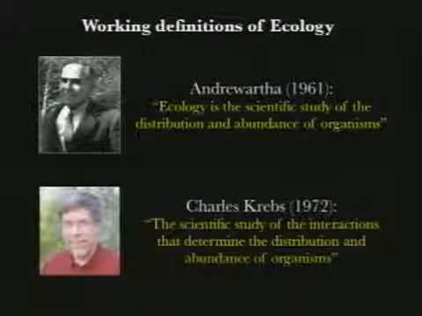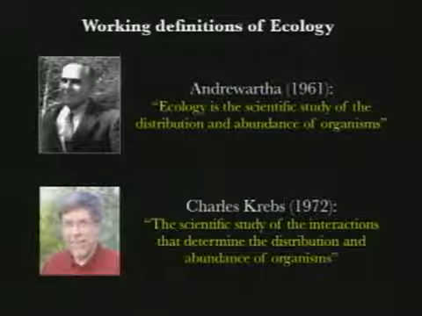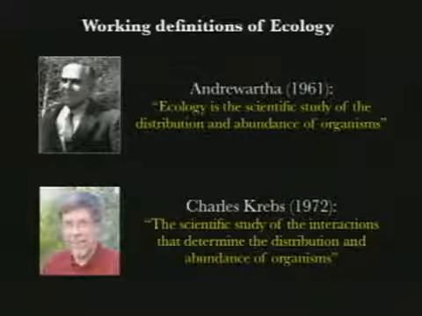A little bit better is a definition that you hear quite a lot in an undergraduate ecology course, by Charles Krebs. It's the scientific study of the interactions that determine the distribution and abundance of organisms. So you can use that as a working definition if you want. You could use one of the older definitions that I've given you if you want.